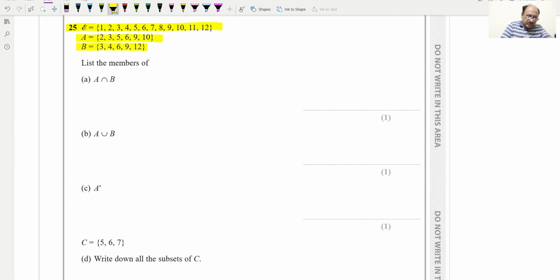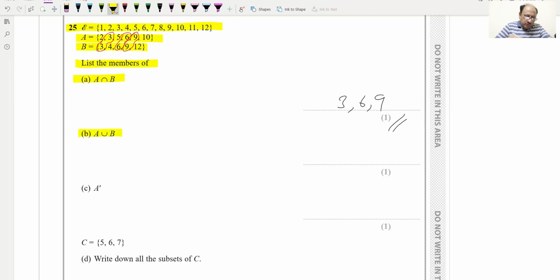this is A, this is B, and list the members of A intersection B. Whatever is common in both are 3 and what else, 6 also, 9 also. So 3, 6, 9 are common, so we'll write 3, 6 and 9. One more question which we are done.